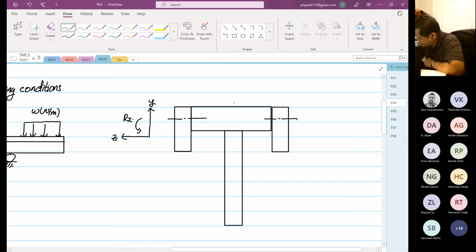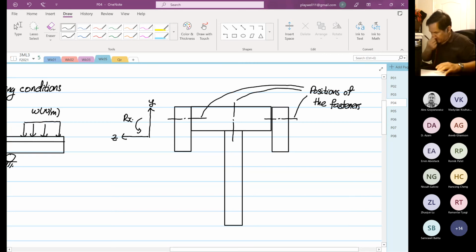So these are the positions of the fasteners.